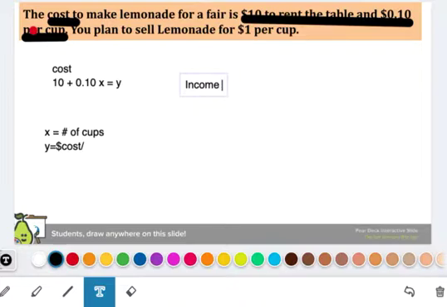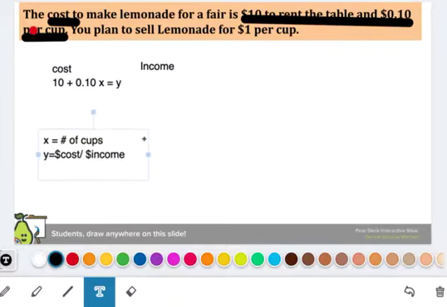That means how much you're going to make by selling the lemonade. So income is also Y, the money you make, and X represents the number of cups.